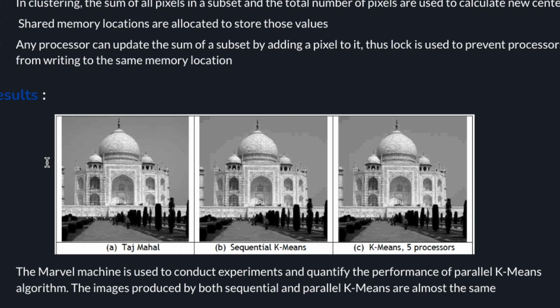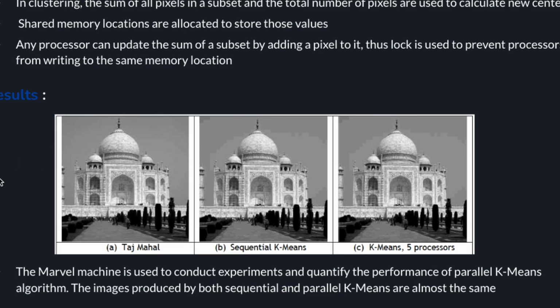In clustering, the sum of all pixels in a subset and the total number of pixels are used to calculate new centers. So shared memory locations are allocated to store these values, and any processor can update the sum of a subset by adding a pixel to it, and therefore a lock is used to prevent processors from writing to the same memory location at the same time.